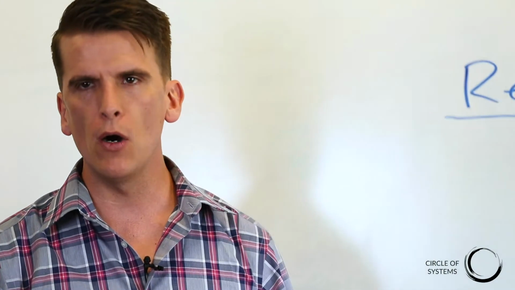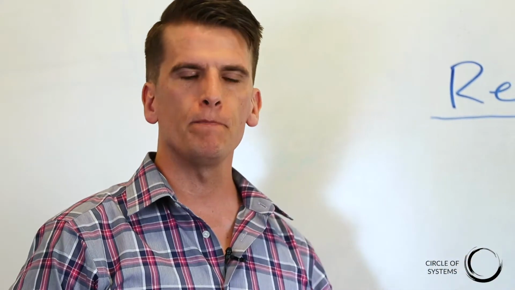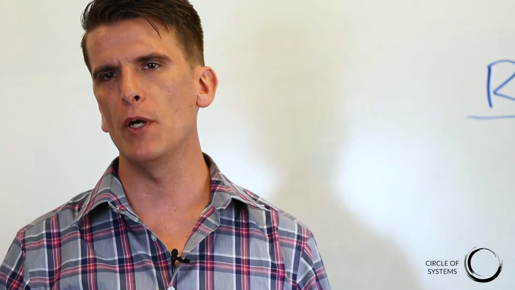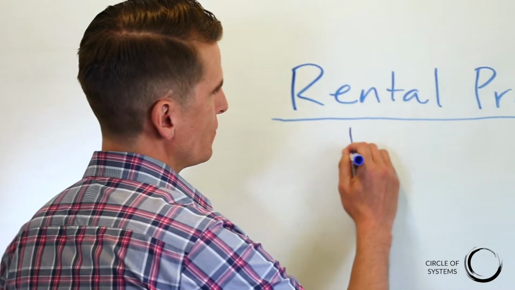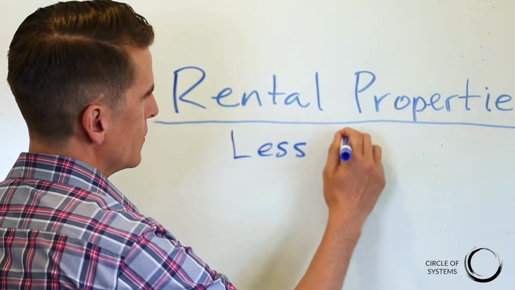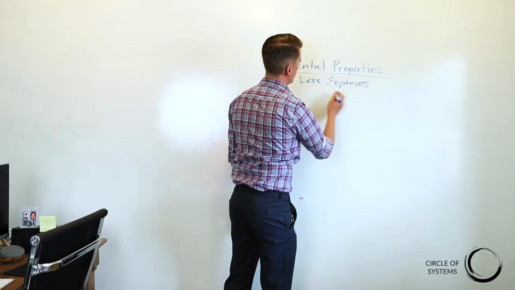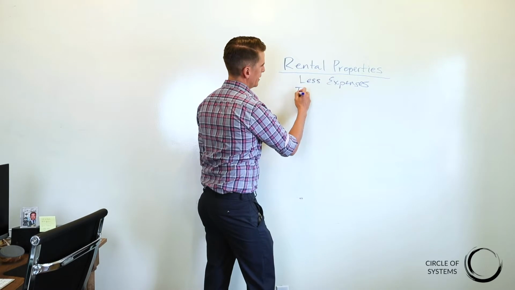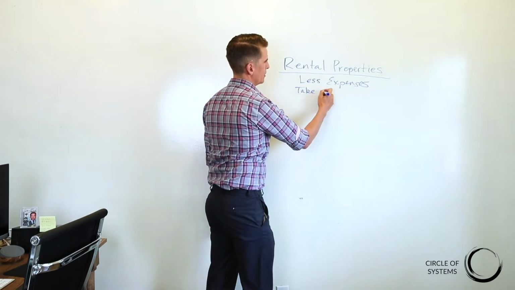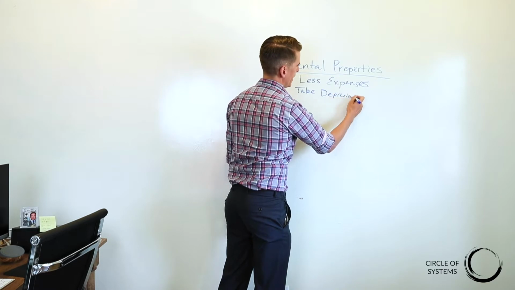There's a way to do both, but when it comes to rentals, it's going to be more about having your tax situation show higher income. So you take less expenses, and then with the expenses you do take, you're going to take depreciation on vehicles if you want to get your taxes lower.